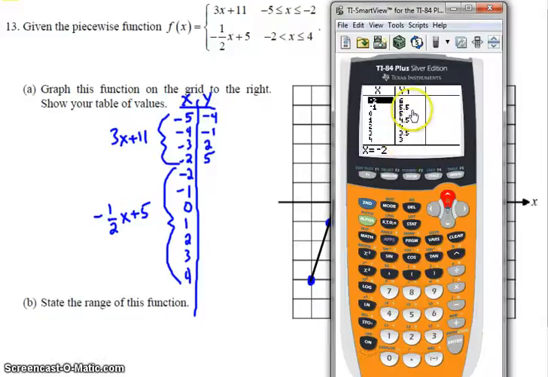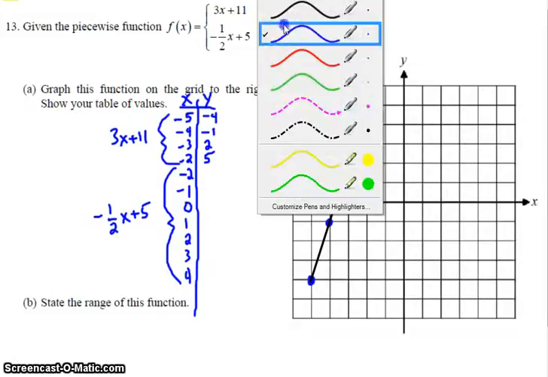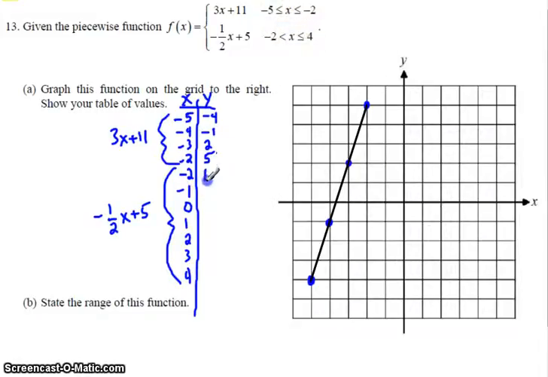So it goes 6, 5.5, 5, 4.5. I'm basically going down 0.5 each time, so I don't need to look at that every single time. It's going to be 6, 5.5, 5, 4.5, 4, 3.5, and 3.